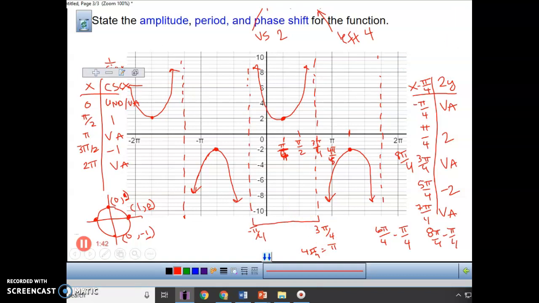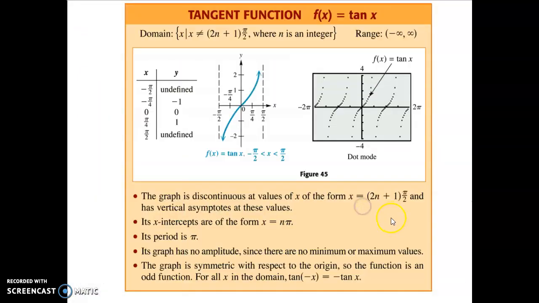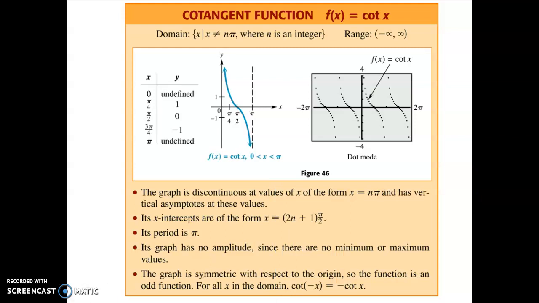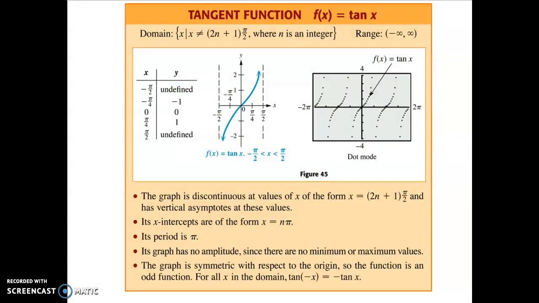Okay, I'll do one more. You've got tangent and cotangent. So cotangent and tangent are going to work similarly to one another. We are not going to use all of the quadrantal angles this time. We're actually going to use 0 and pi over 2.